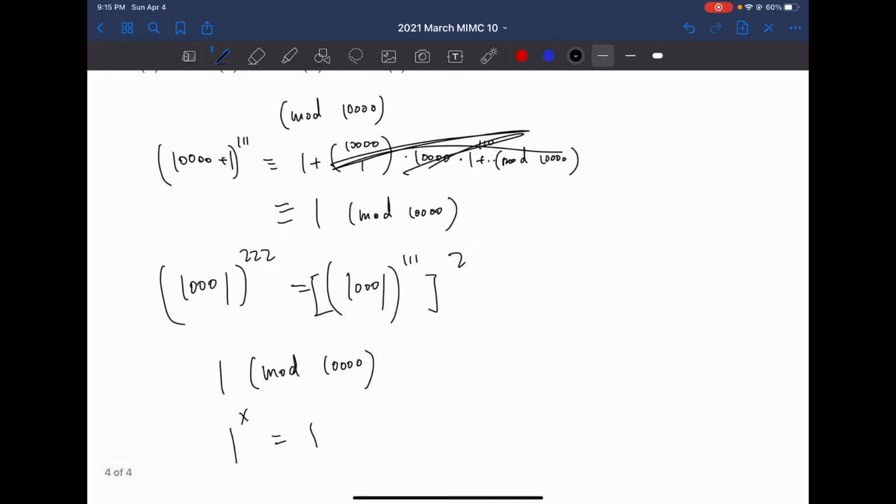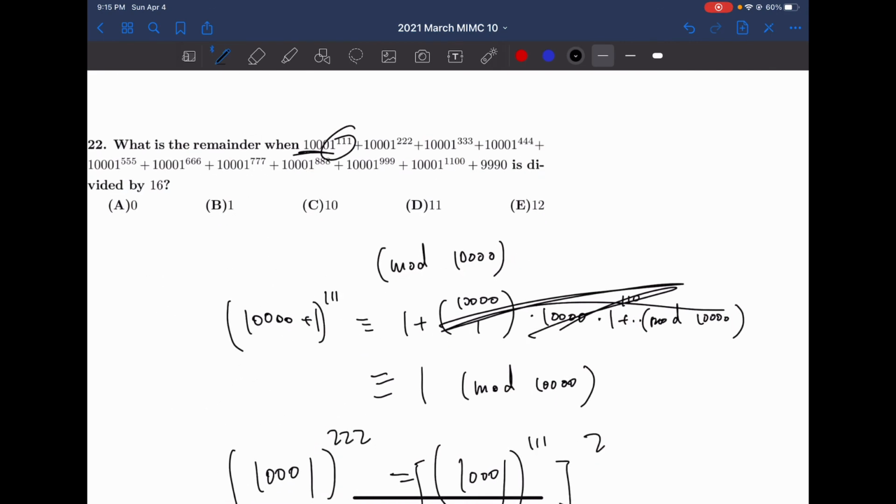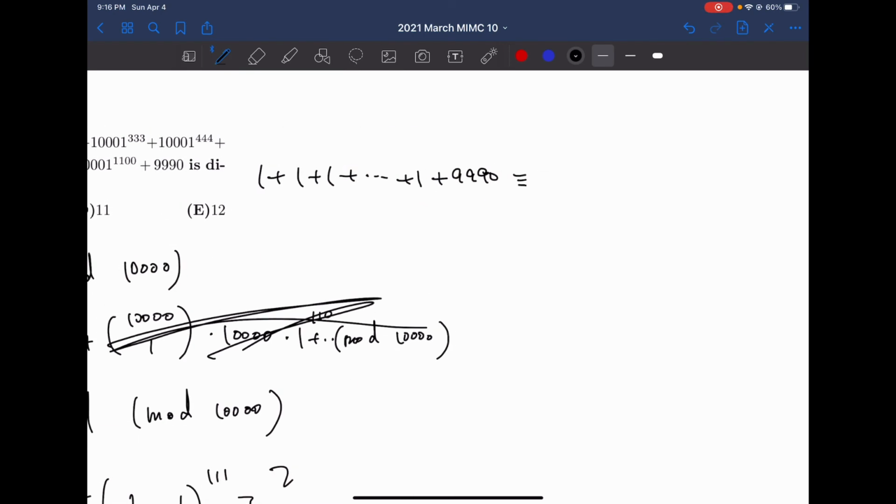And then that brings us to the next point. So that would be 1 plus 1 plus 1 plus all the way to 1 plus 9990 mod 10,000, which is equal to something mod 10,000, and that's 10 ones. And that would be 10 plus 9990 mod 10,000.